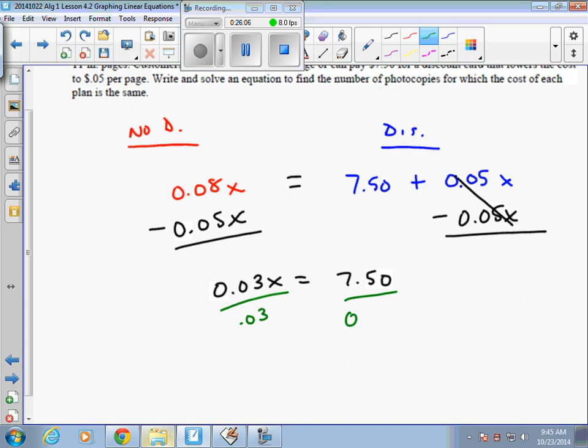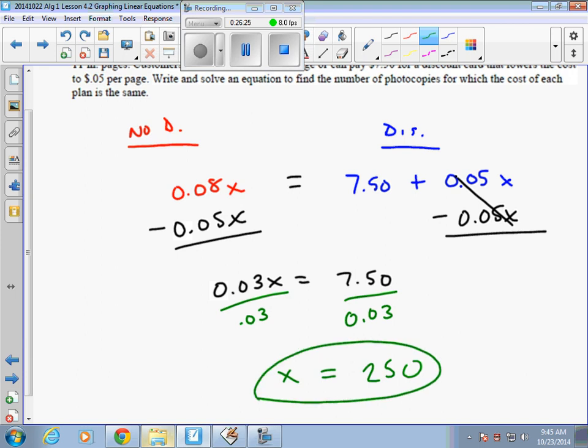Do the same thing over on this side. 3 goes into 75, we know 25 times, and 3 goes into 0 times. So you have to move your decimal over in order to accommodate that. So you have to make 250 copies in order to justify the discount card. 250 copies.